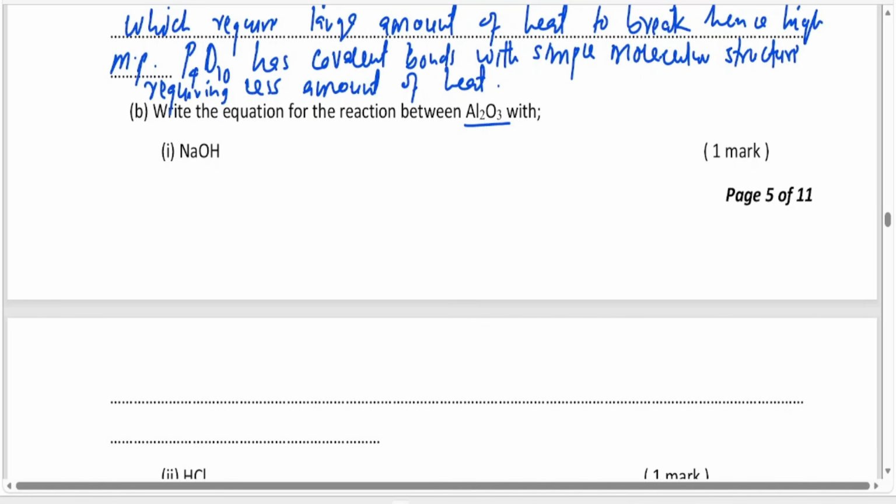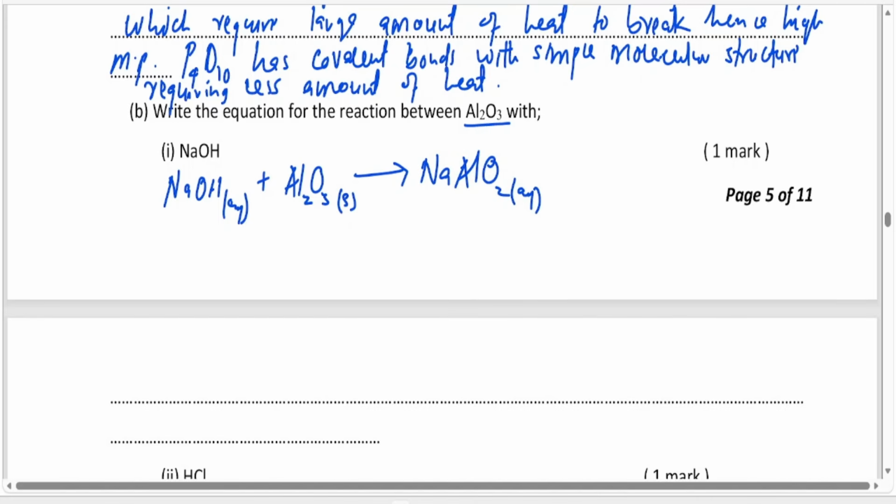So when I react sodium hydroxide, in this case aqueous, plus aluminium oxide solid, I obtain sodium aluminate, which is aqueous, it's a complex salt.